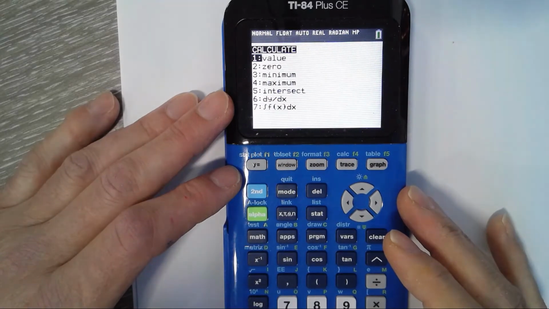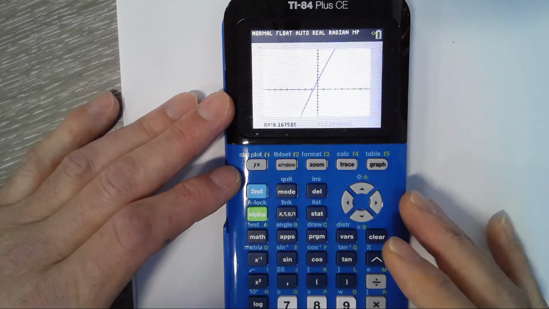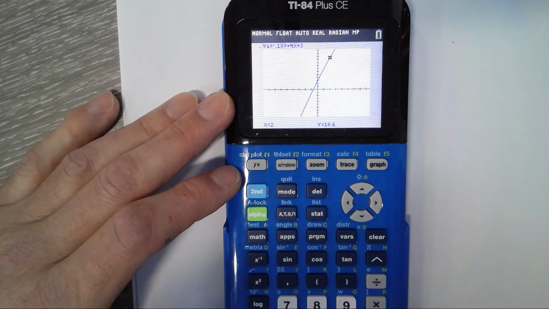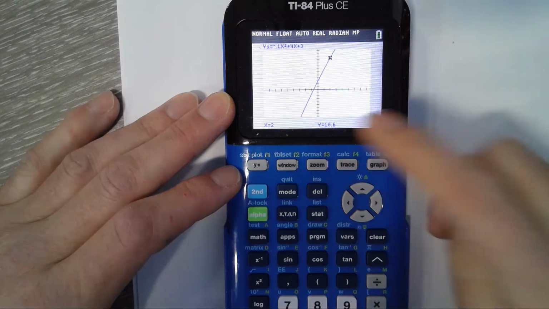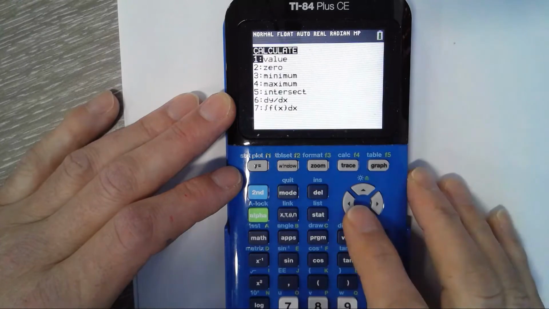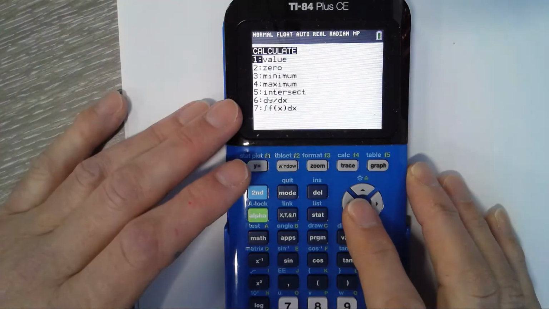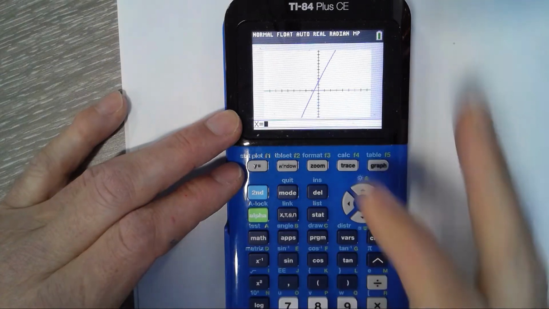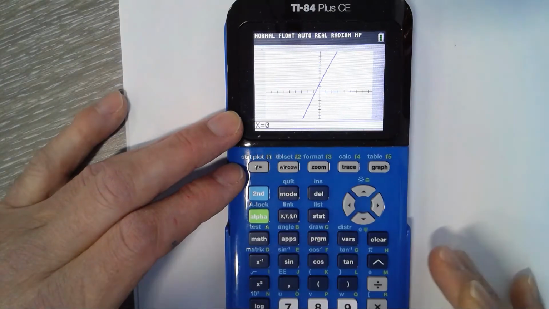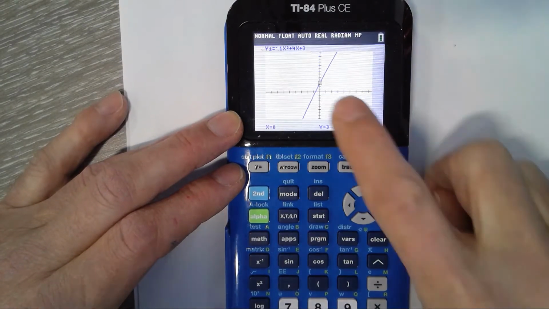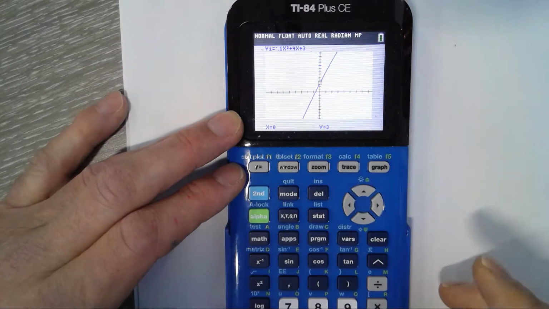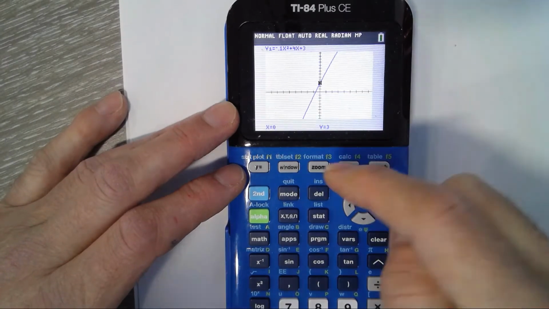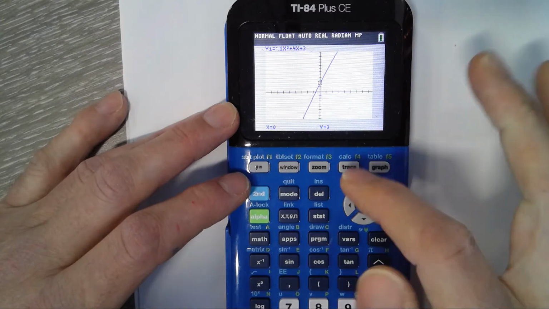So if I want to know the y value when x is 2, it'll give it to us, 10.6. If I wanted to know the value anywhere, as long as it's in the domain, you could do that. If we're looking for the y-intercept, all you have to do is plug in 0 for x, and it'll give us our y-intercept at 3. So for the y-intercept, all you have to do is calculate when x is 0.